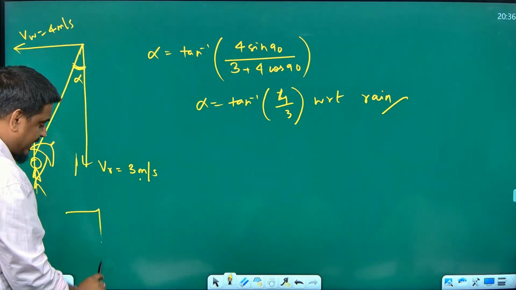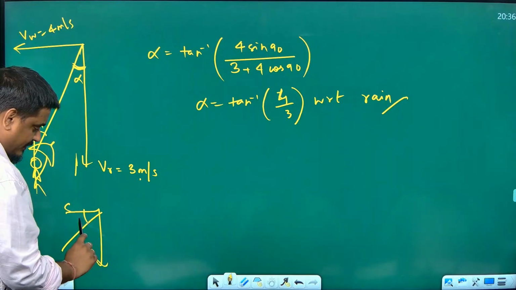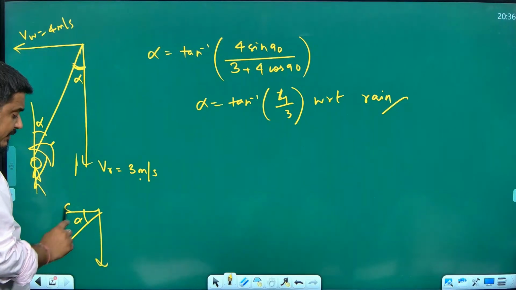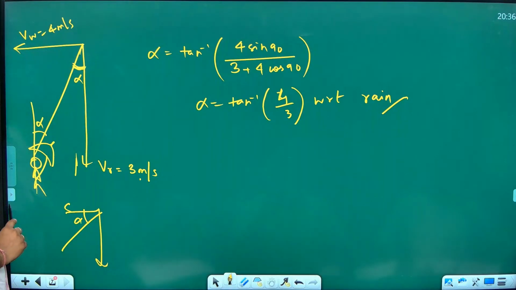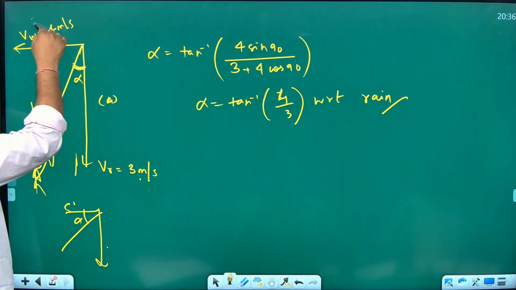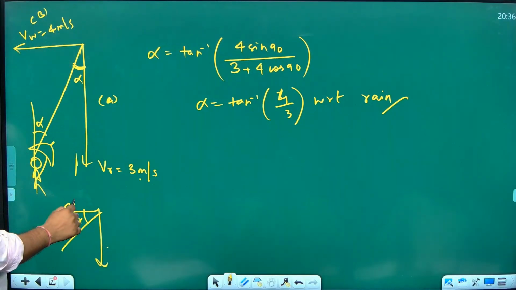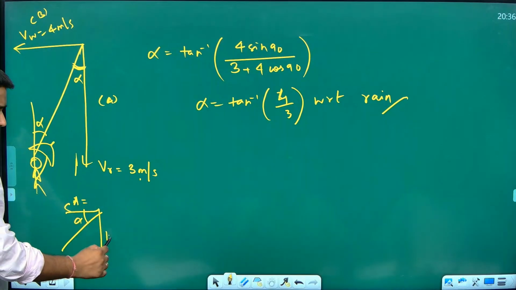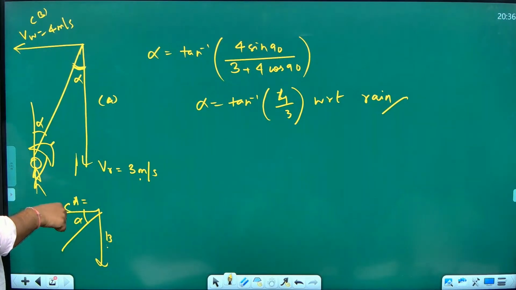If somebody has taken alpha here, then they will say with respect to wind. Are you getting it? Because then A will become this and B will become this. Here I took this as A and this as B. Then A will become wind, B will become rain. You will get the answer as tan inverse of 3 by 4, but then you will tell the answer with respect to wind.